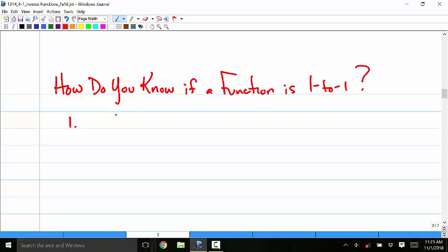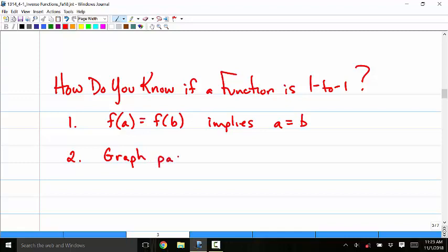We showed that if f of a equals f of b, then you needed to know that a equaled b. That was doing it algebraically. Second way we looked: look at the graph, and it must pass the what? So the graph passes the horizontal line test.